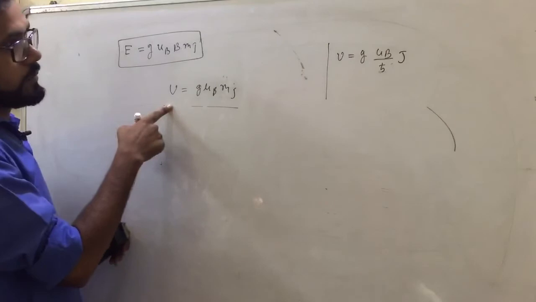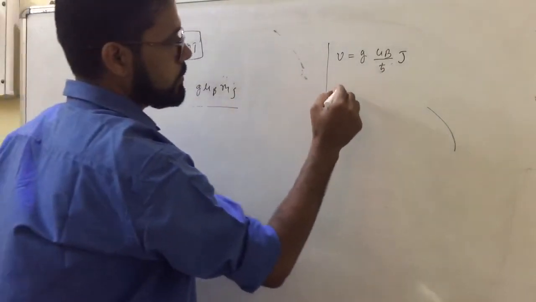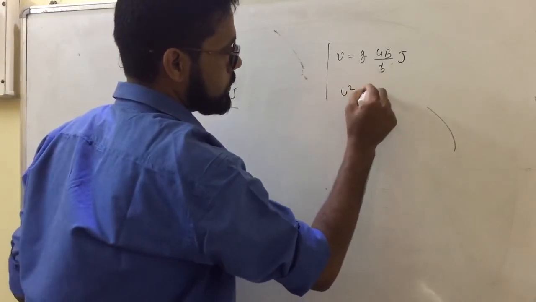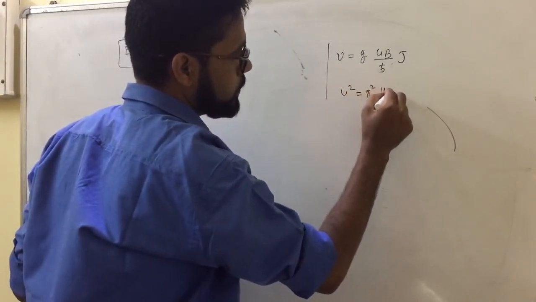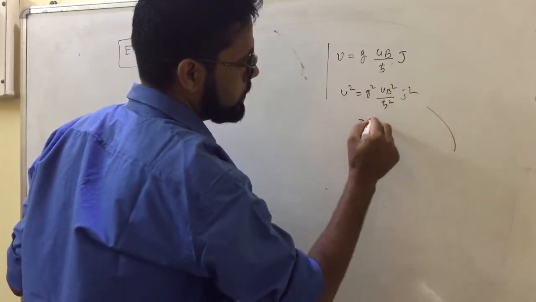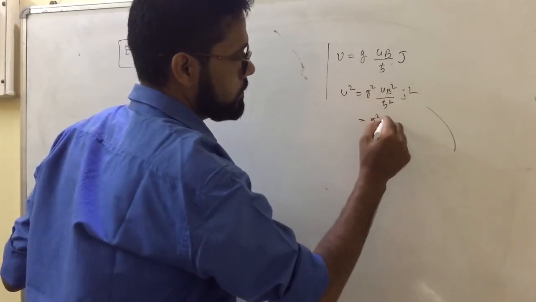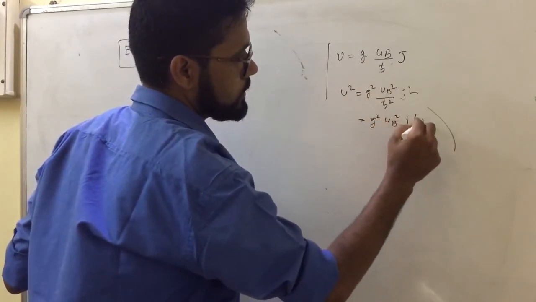Here, in place of m_j I am writing j. So mu square equals z square mu_B square s cross square j square. If you put the value of j square as j into j plus 1 s cross square, it becomes z square mu_B square j into j plus 1.